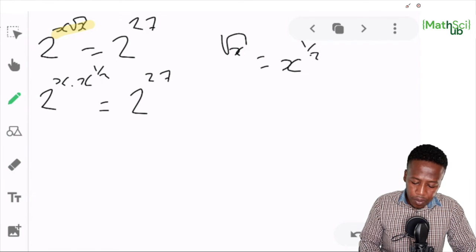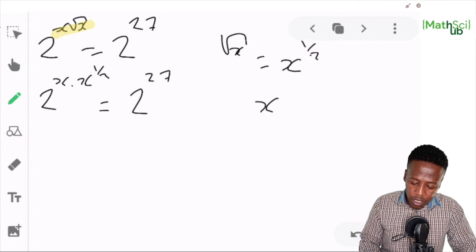Now here you need to apply what? Your exponential laws. We have the same base. What do we do? We add the exponents, meaning you're going to add the half to our invisible 1 here. Let's do that on the side.